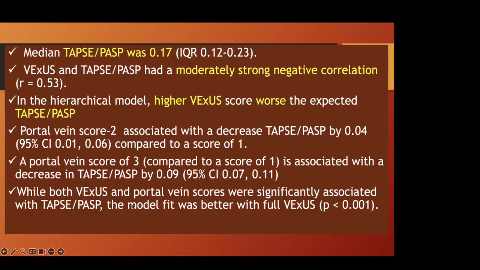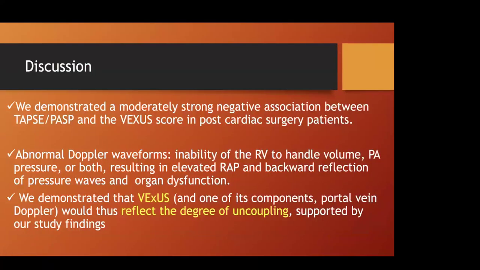So while both VExUS and portal vein scores were significantly associated, the model fit better with the full VExUS score. So full VExUS would be a better indicator for assessing the RVPA coupling ratio in our study. So, discussion bit, we showed that there was a moderately strong negative correlation.